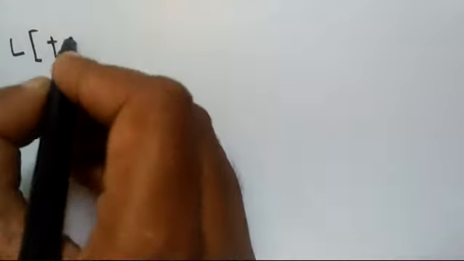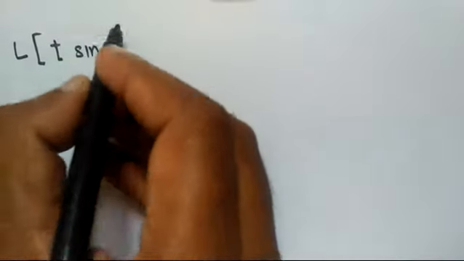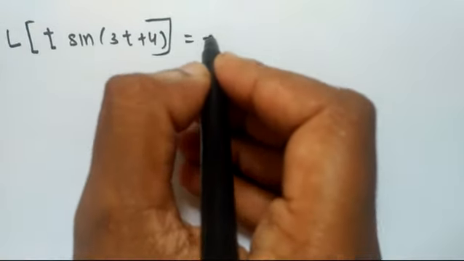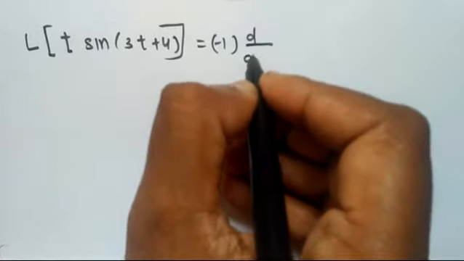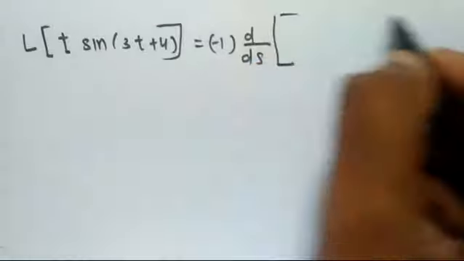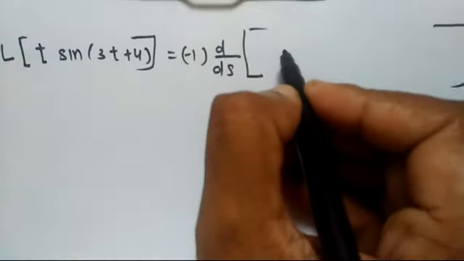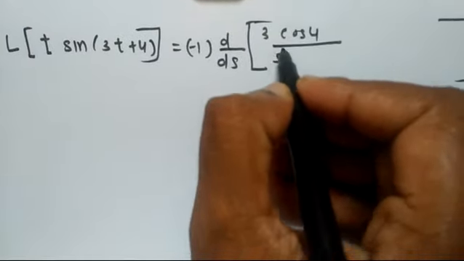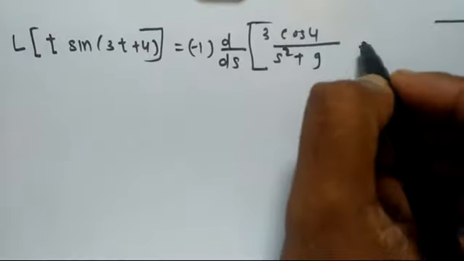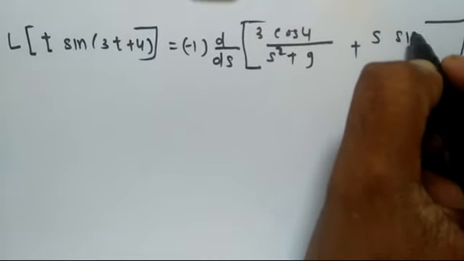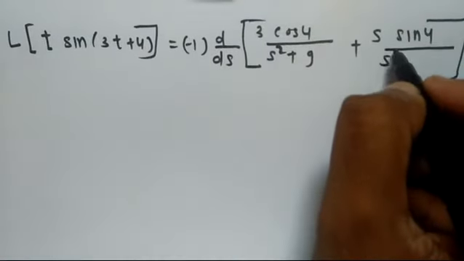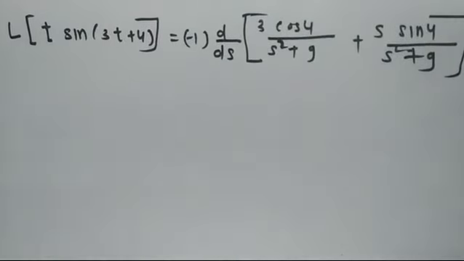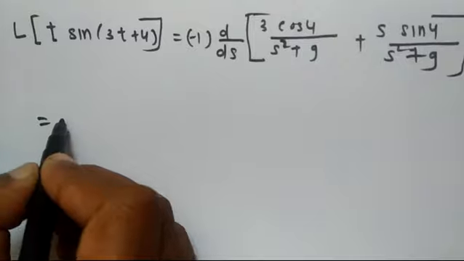F of s is 3 cos 4 divided by s square plus 9, plus s sine 4 divided by s square plus 9. Okay, now we will start finding the derivative.